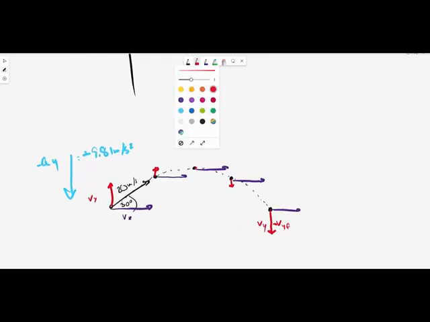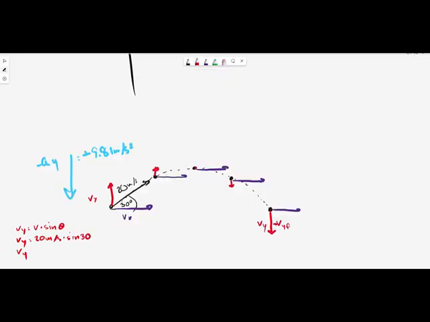Okay. Velocity along the y is equal to the initial velocity times the sine of theta. So the Vy is equal to 20 meters per second times the sine of 30. That will give us a velocity y of, it should be 10 meters per second.